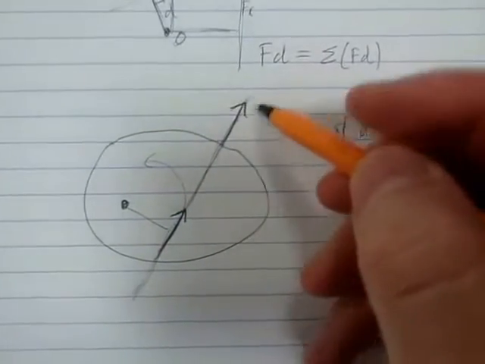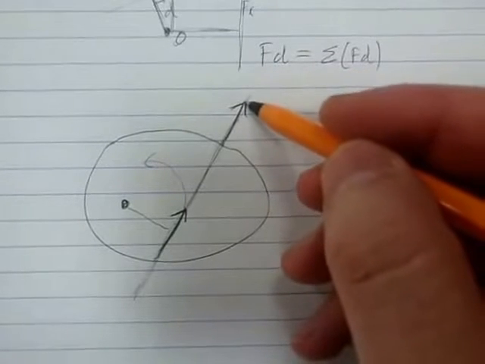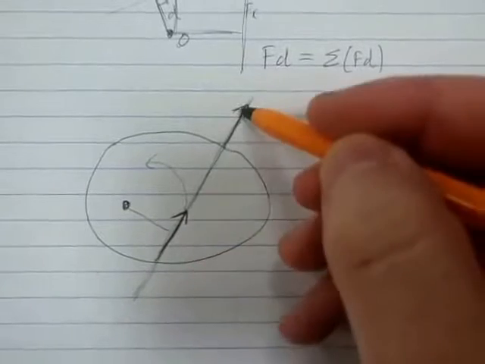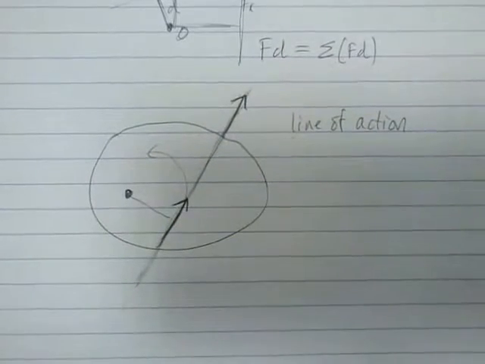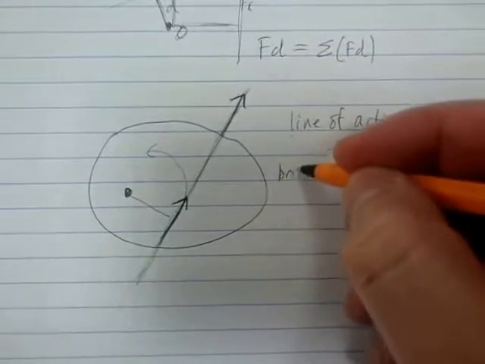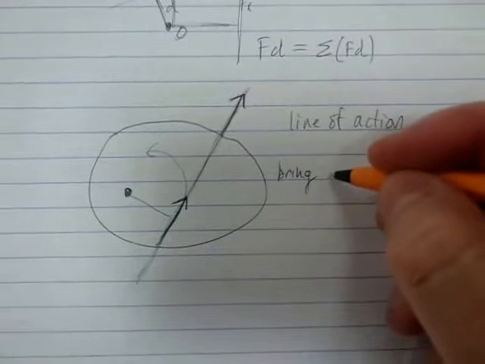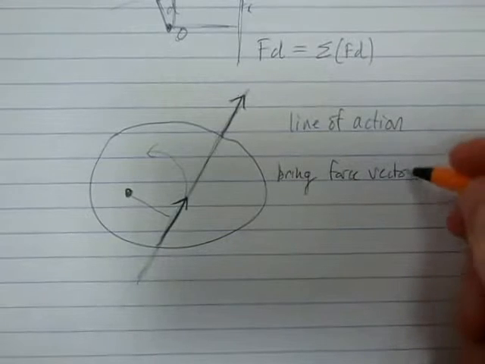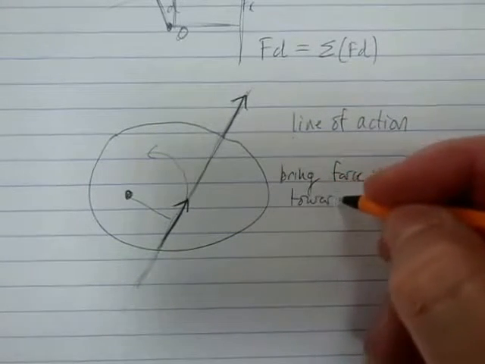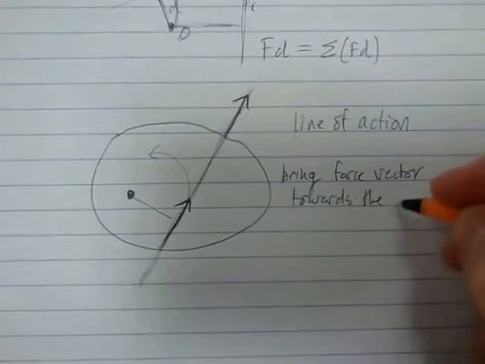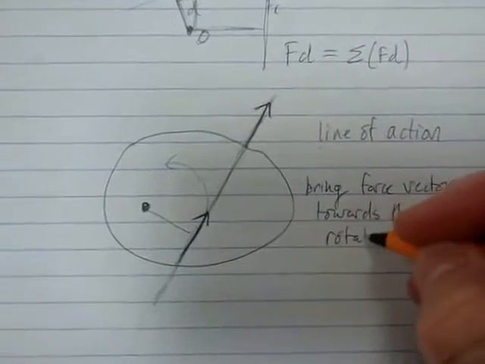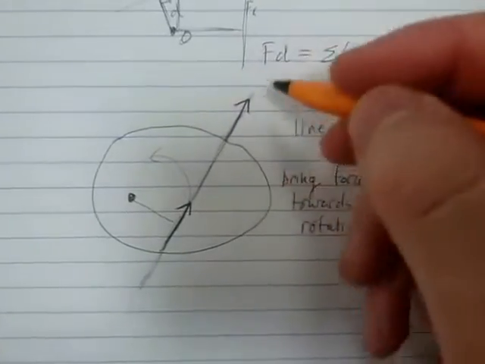So my initial suggestion is take the arrow, draw the line of action, and bring the force vector towards the point of rotation. Don't leave it so far away.